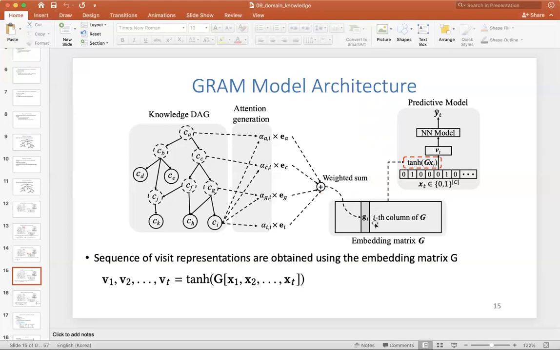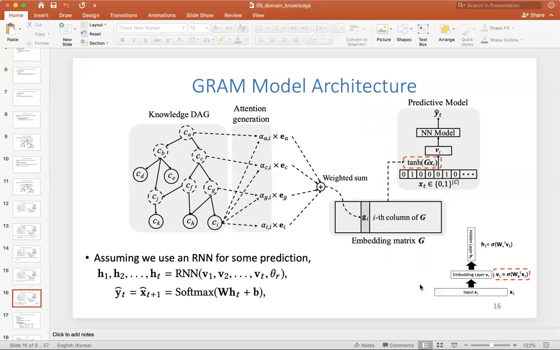If you remember previously, the visit vector was a multi-hot vector. So it is a highly sparse binary vector where you set the dimension that is active to 1 and all the others will be 0. For example, if in your visit you had cough and fever, then only the cough and fever dimensions will be 1 and all the others will be 0.